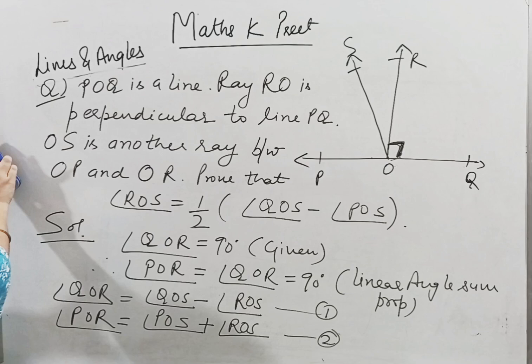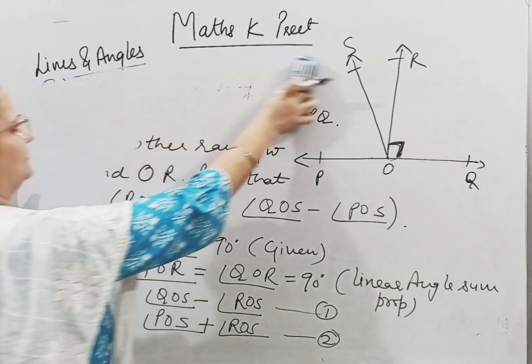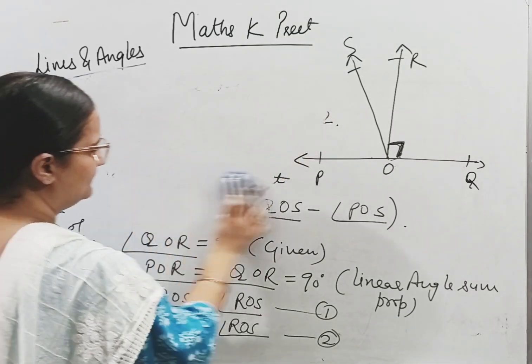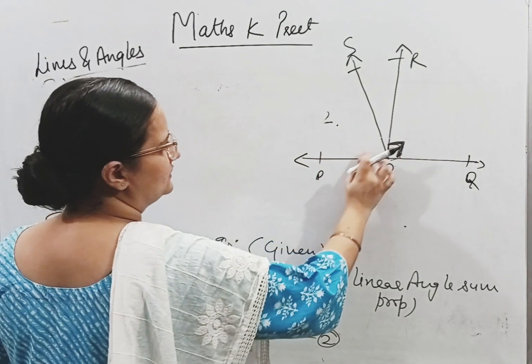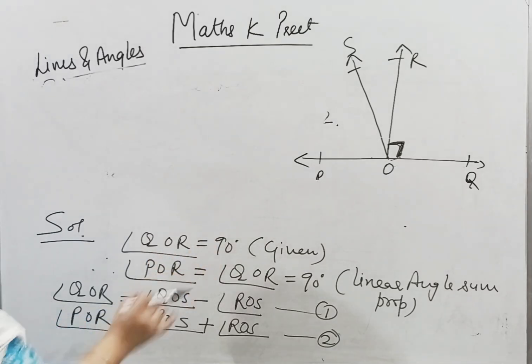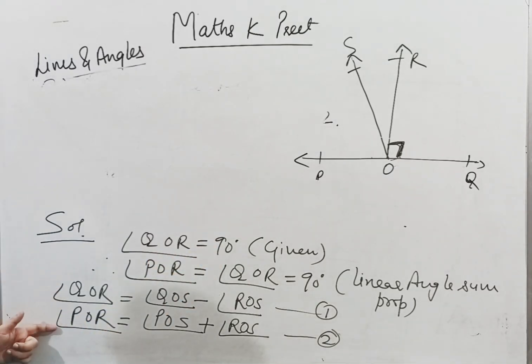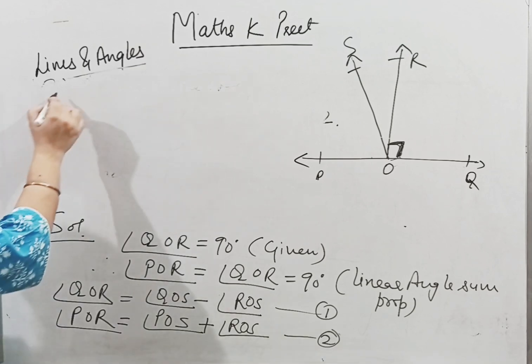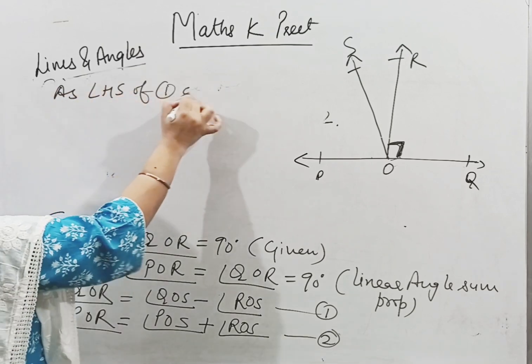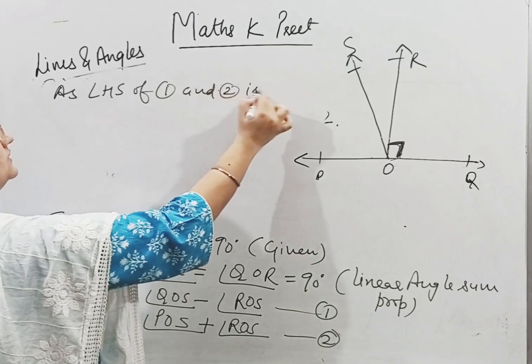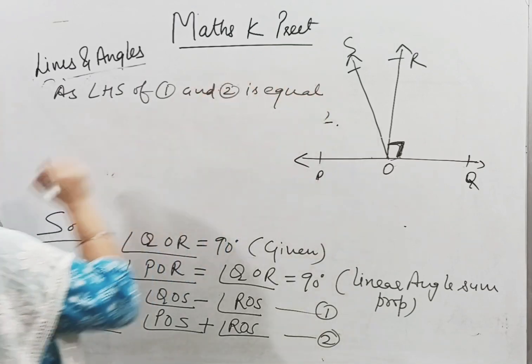Let me erase the question. What we have from the material given to us is that this angle is equal to this angle. So QOR and POR are equal. So the left hand sides of 1 and 2 are equal. Why equal?